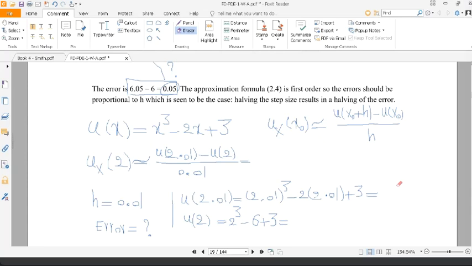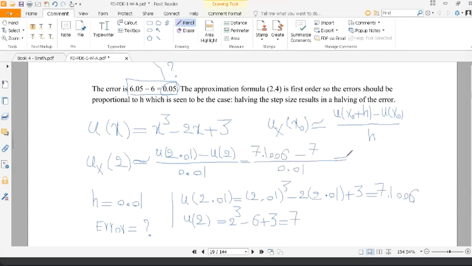Try to solve the problem. What number do you find? The result is 10.06.